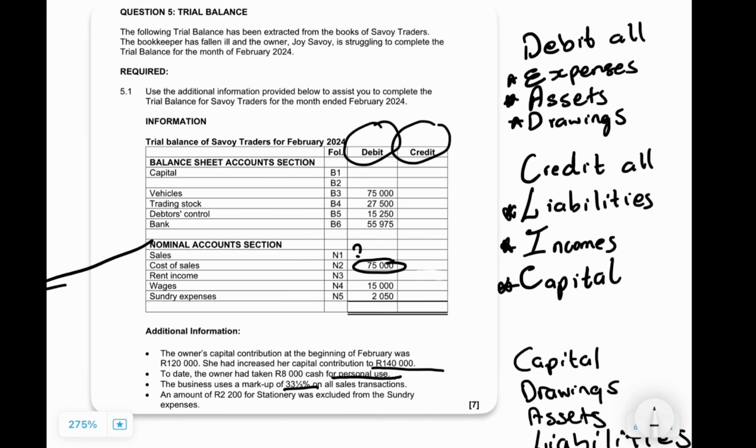Here they are telling us that in this business, they include stationery in their sundry expenses. They did not include it this time around, which means we must include it.